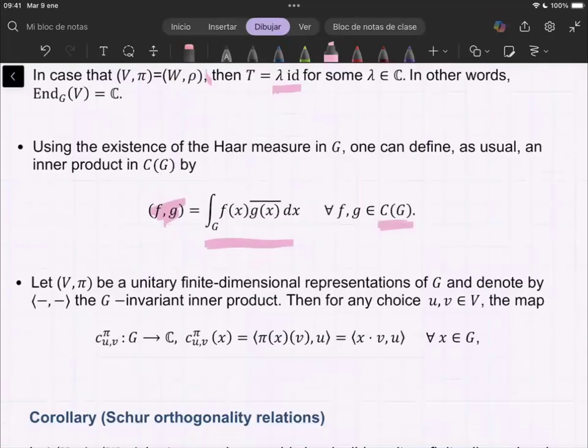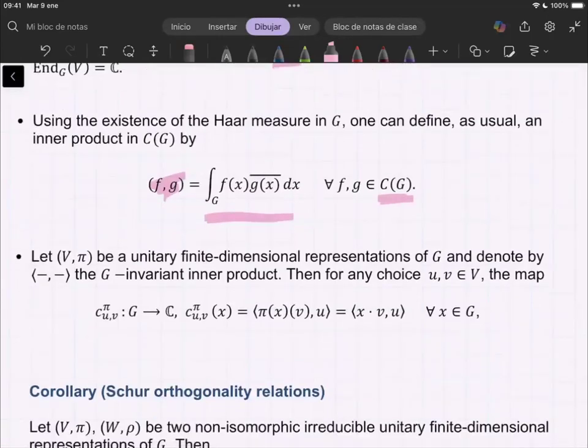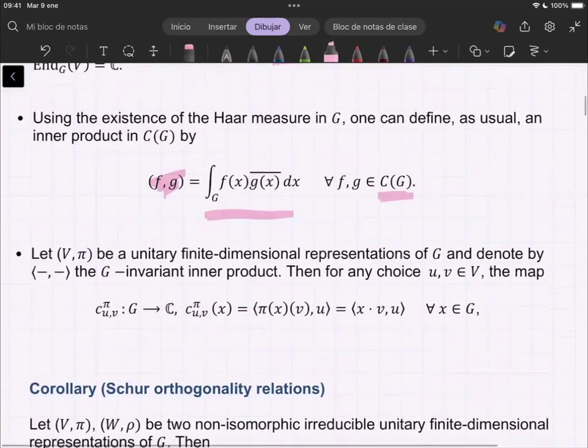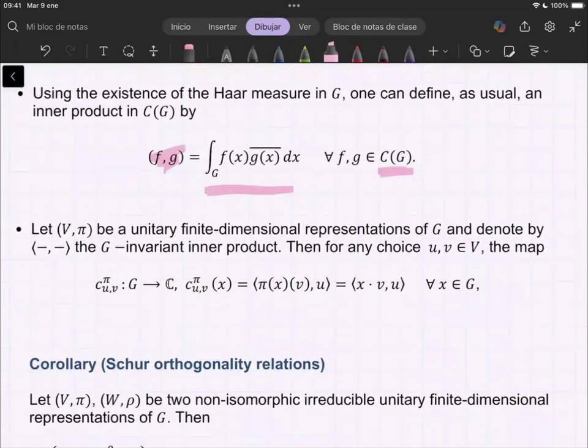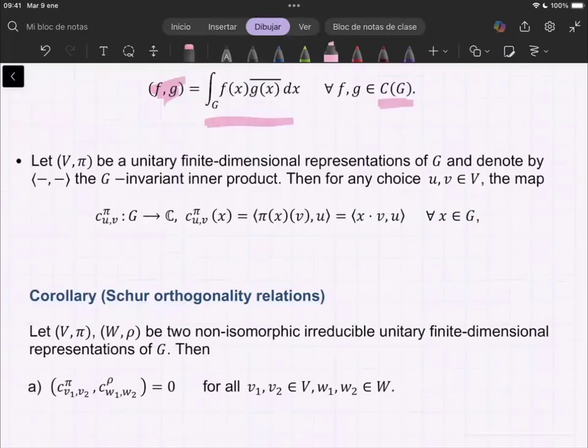So we can use this to understand the functions on the group. We extend the notion of matrix coefficients in the following sense. We take two elements of a unitary representation. Just recall that now we are talking about unitary representations.